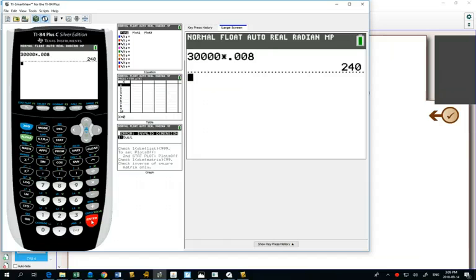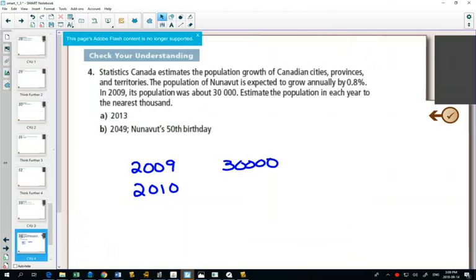So then the population would be 240? No. You add that amount to it. So then in 2010, it would be estimated to be 240 more.